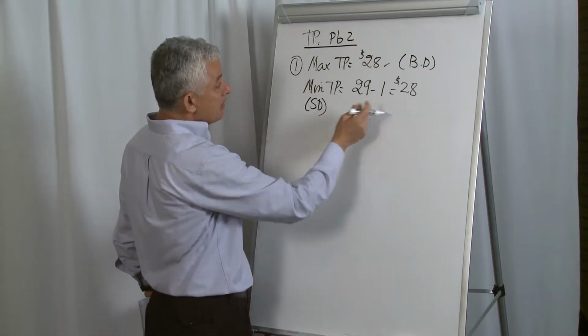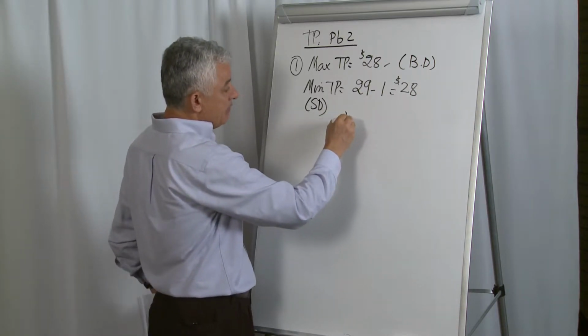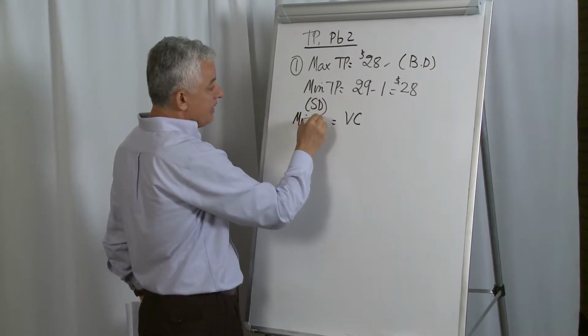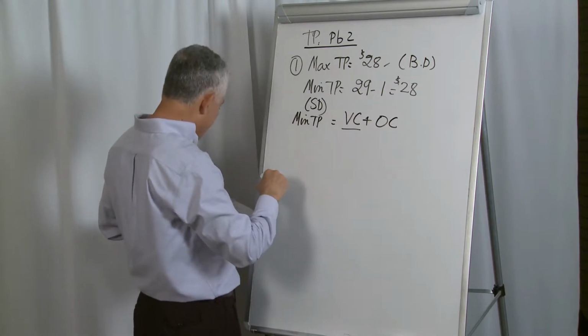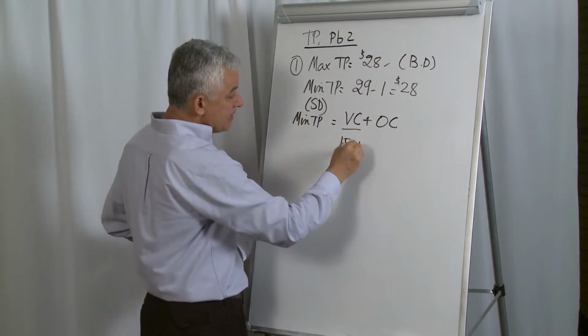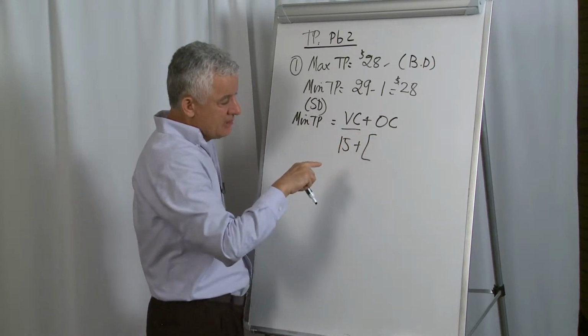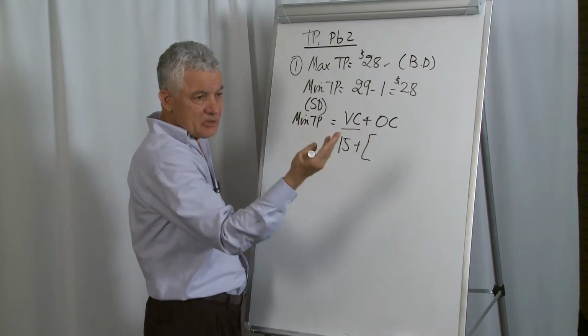Another way to do it is using the formula: the minimum transfer price is variable cost plus opportunity cost. The variable cost here is 15. What is the opportunity cost? It is the contribution margin foregone from not selling to external customers.